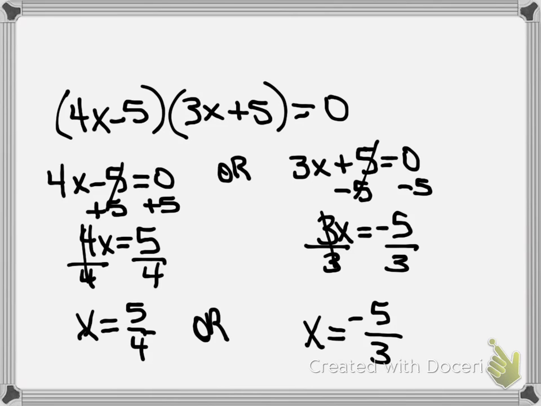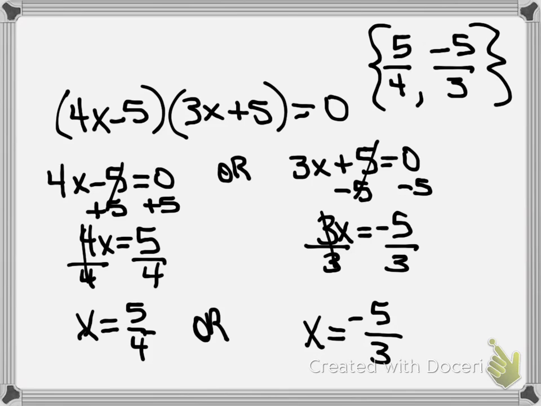So we have a set now of solutions. Typically in a set you will write the answer from smallest to greatest, but it's really not that big of a deal. Just make sure that you know your answers may be written backward compared to the choices and just be able to find them. Okay, and so if you look at your answer choices on number 8, you can see the answer is D.